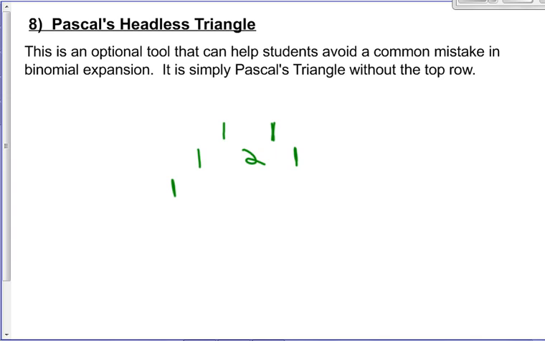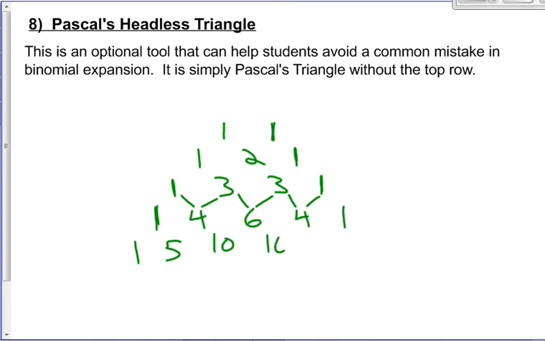Okay, so extra number in the next row. 1 plus 2 makes 3. 2 plus 1 makes 3. 1 on the end. 1 plus 3 makes 4. 3 plus 3 makes 6. 3 plus 1 makes 4. And so on. And I think Pascal's headless triangle makes some of your binomial expansion a little bit easier because that pesky first row can get in the way. But on Pascal's real triangle, this is what's expected in textbooks, that you would have a 1 on the top there.